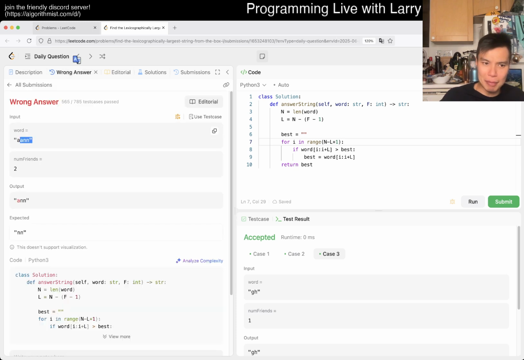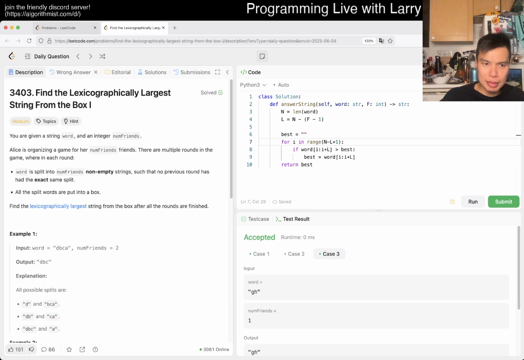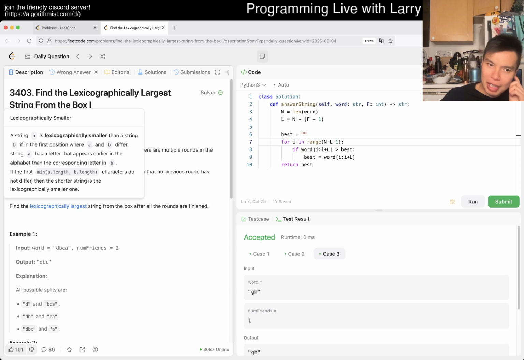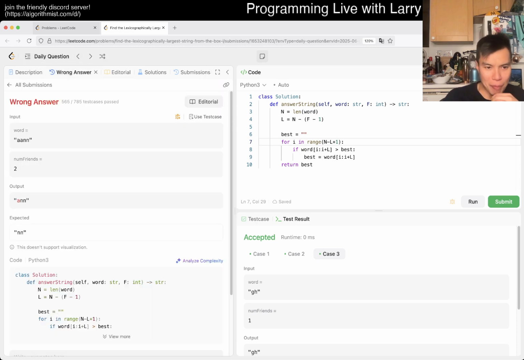I mean, clearly I am. Do I not know what lexicographically is? I mean, they give you the answer for lexicographically smallest, but even though this is largest, I am so confused about this problem.